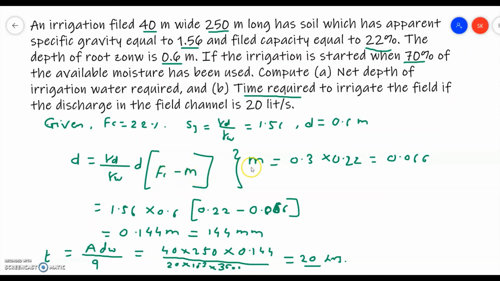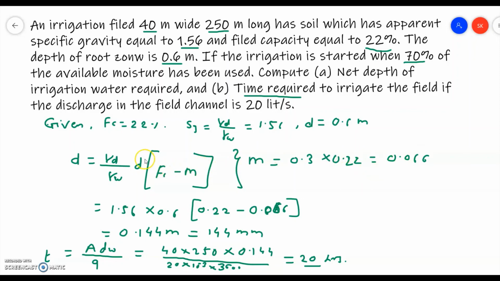How can we find available moisture? 70% of water is used, so only 30% is available. 30% of field capacity, which is 0.22, so available moisture is equal to 0.066. Now from 0.066 up to the field capacity, which is 0.22, we are supposed to supply that much water.